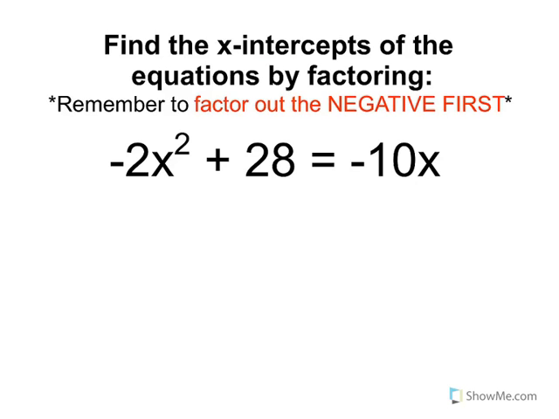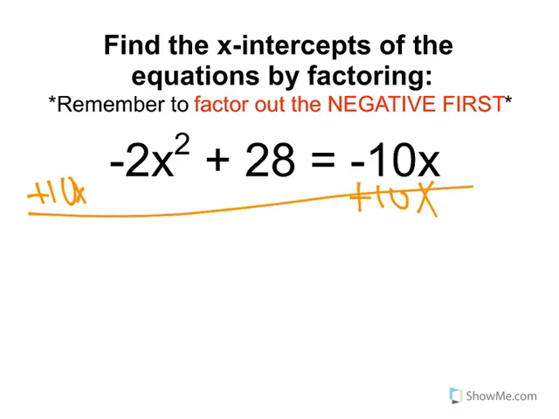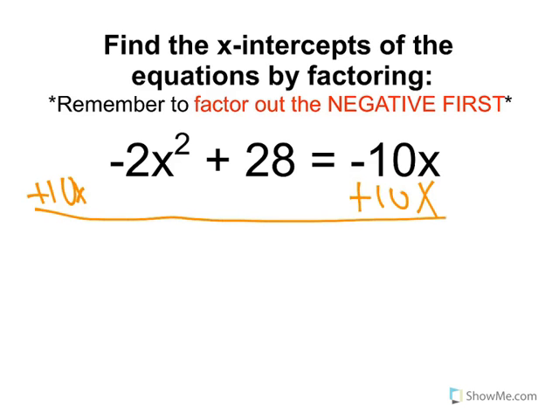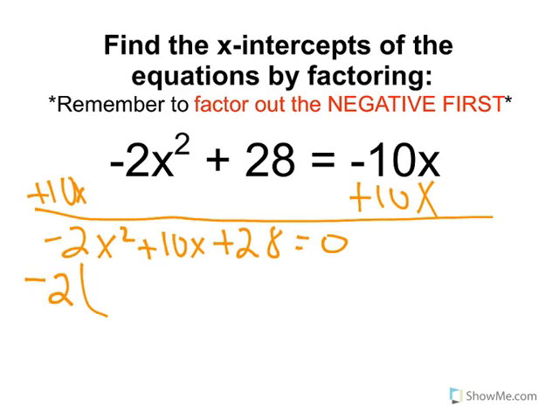Okay, here's another example. Here we have a GCF and there's going to be a negative in front. So add 10x to both sides. Oops, got a little bit more straight. So you have negative 2x squared plus 10x plus 28 is equal to 0. Now we're going to have to take out a GCF of negative 2 because we can't have a negative in front.